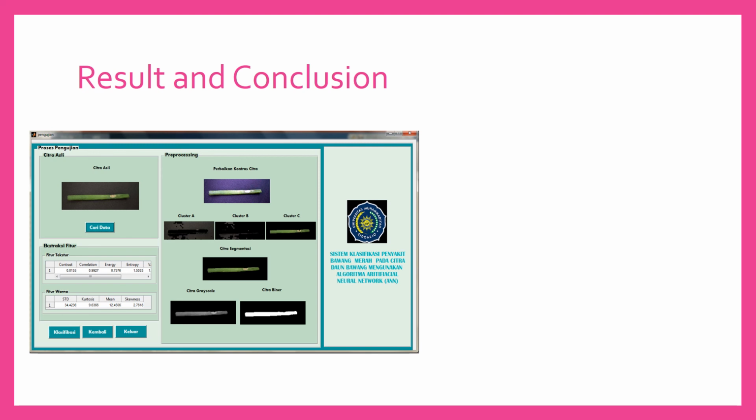In this model there are several neuron units called the input layer, several neuron units as the hidden layer, and several neuron units as the output layer.